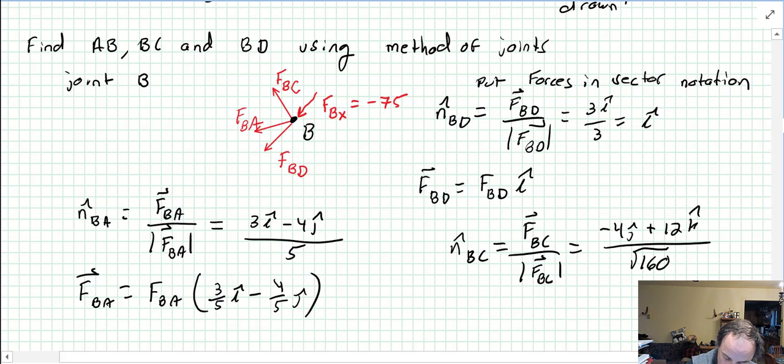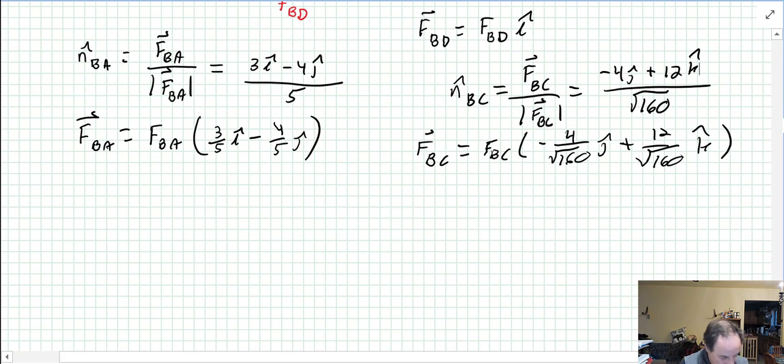And that ends up giving us the force in vector form of BC equaling the magnitude times this unit vector up here, minus 4 over square root 160 J plus 12 over square root 160 K. Okay, so we have all our forces in vector form.